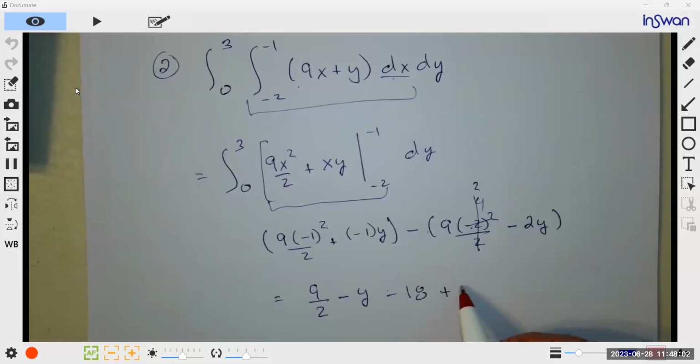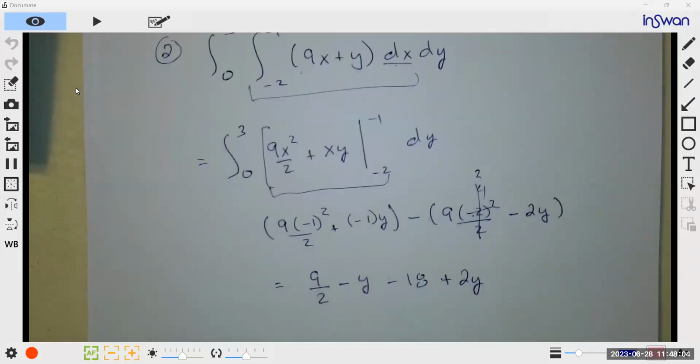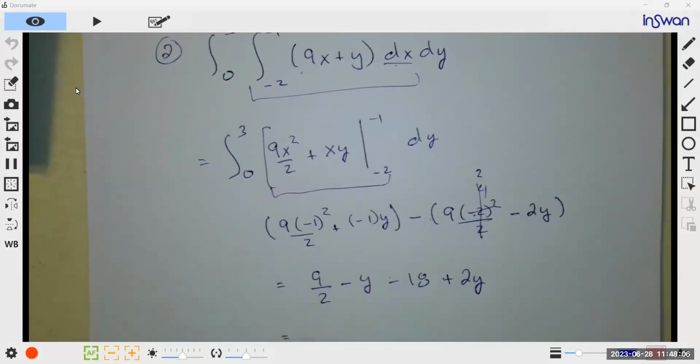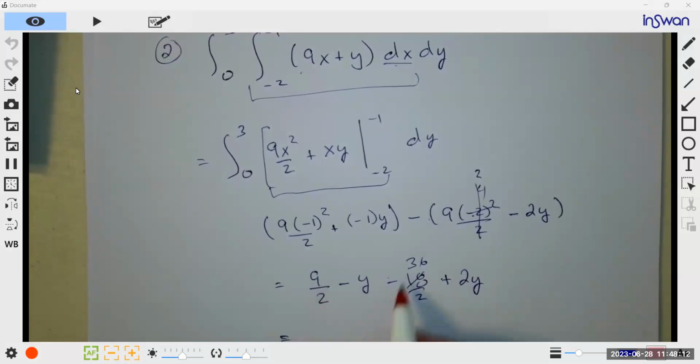Negative is positive 2y. So this has to be 36 over 2. So 9 minus 36 is -27 over 2 plus y.